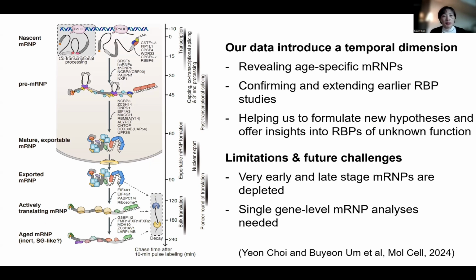This study also has some limitations and there are challenges to take on in the future. So for instance, very early and very late stage mRNPs are depleted due to the oligo-dT capture method we used. And because this is a bulk experiment, single-gene level mRNP analysis will be necessary in the future.